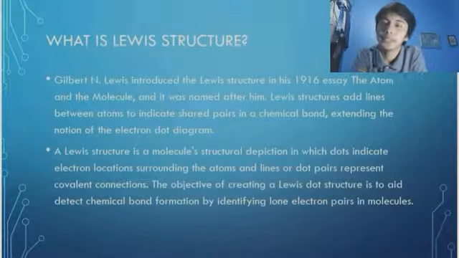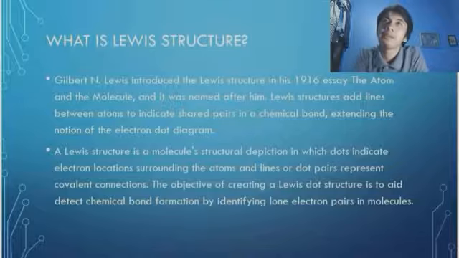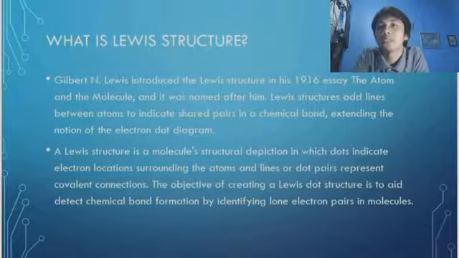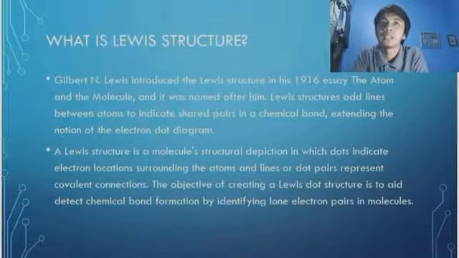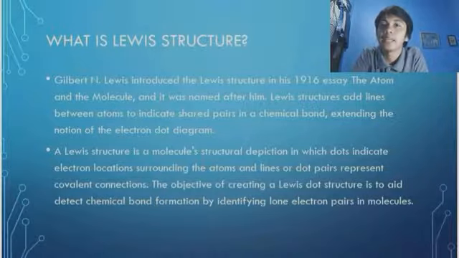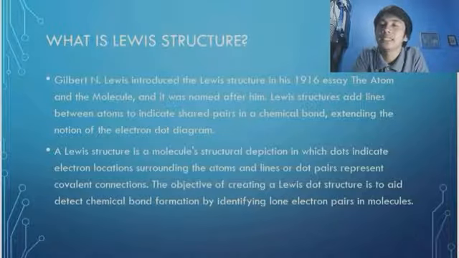What is a Lewis structure? We have the definition here. Gilbert Lewis introduced the Lewis structure in his 1916 essay, The Atom and the Molecule, and it was named after him.